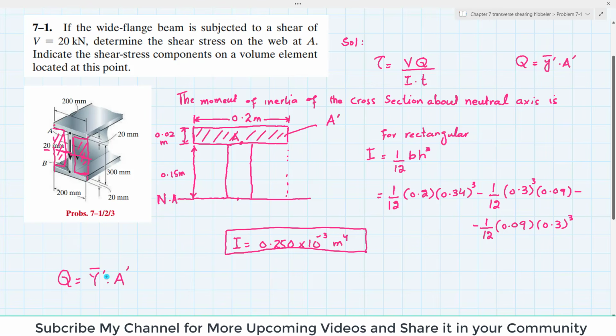Y dash bar is the distance from the neutral axis to the middle of this section. This is y dash bar, or you can say y dash. Clear?